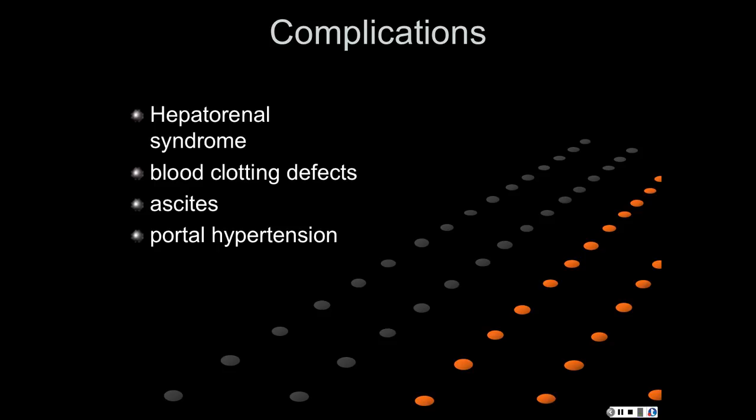Ascites: the plasma proteins are decreased, and instead of fluid being retained inside the vessels, it escapes, causing the ascites. Portal hypertension: as the blood flow is coming in from the GI, because of the change in the structure of the liver, it's not able to circulate freely, and the pressure increases, causing the portal hypertension. And then, of course, the last thing, hepatic encephalopathy, with the brain being affected because of the high levels of urea.